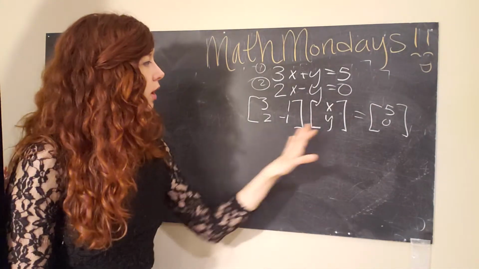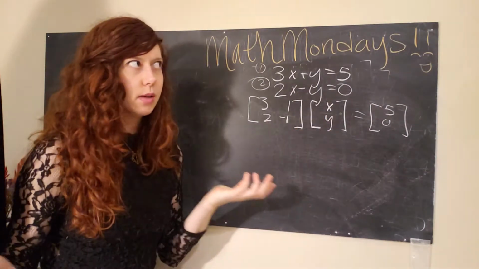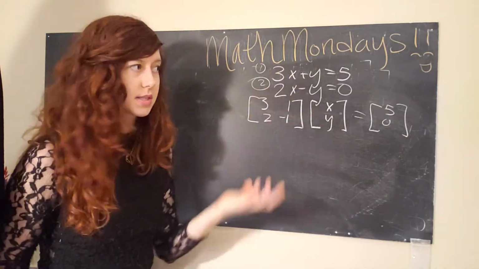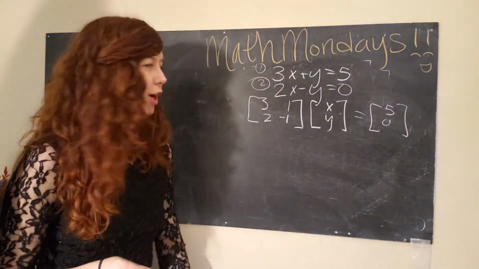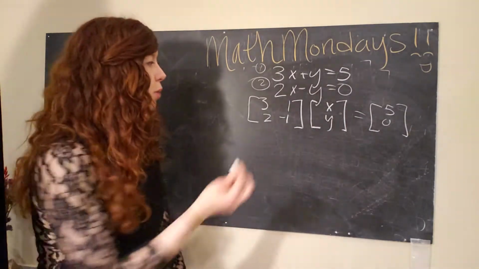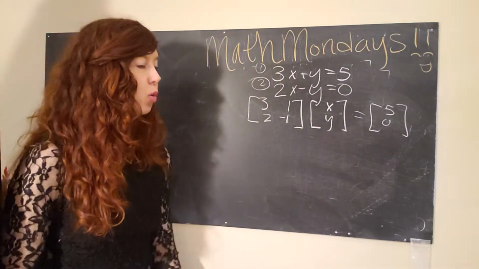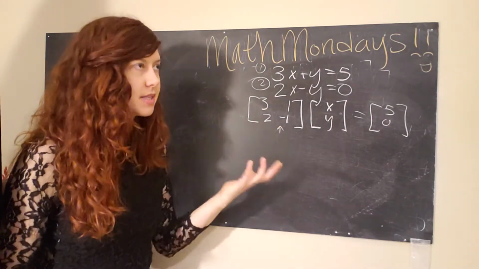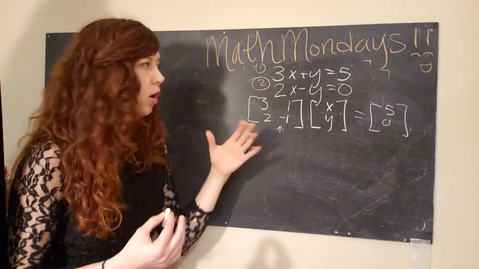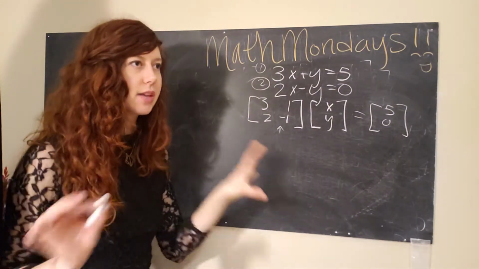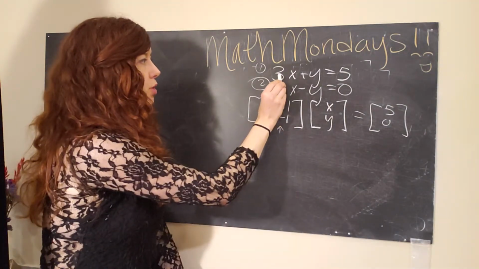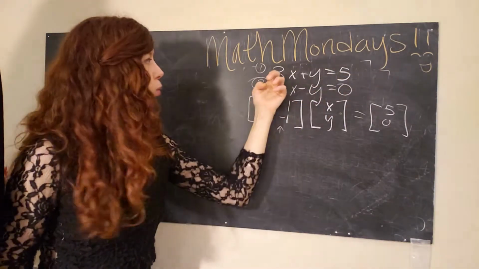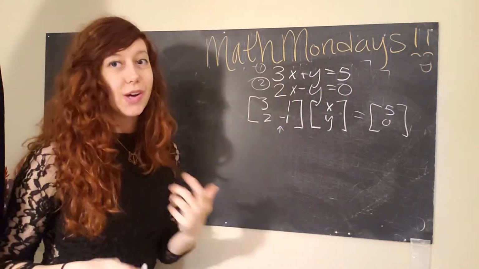Okay, so now we want to say, how do we calculate x and y? Let's solve this system using a matrix. What we do is multiply both sides of the equation by the inverse of this matrix. It's the exact same thing that we do when we multiply both sides of our equation by 1/3 to get rid of the 3 on the x.